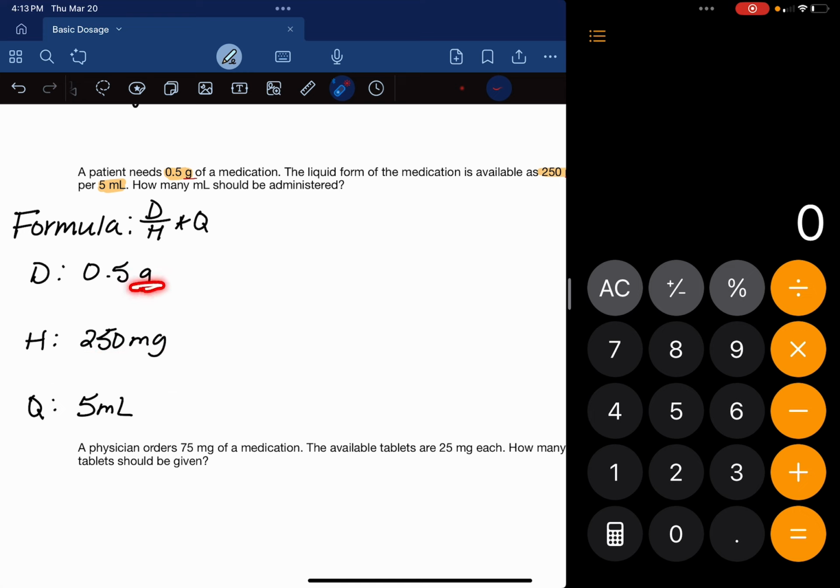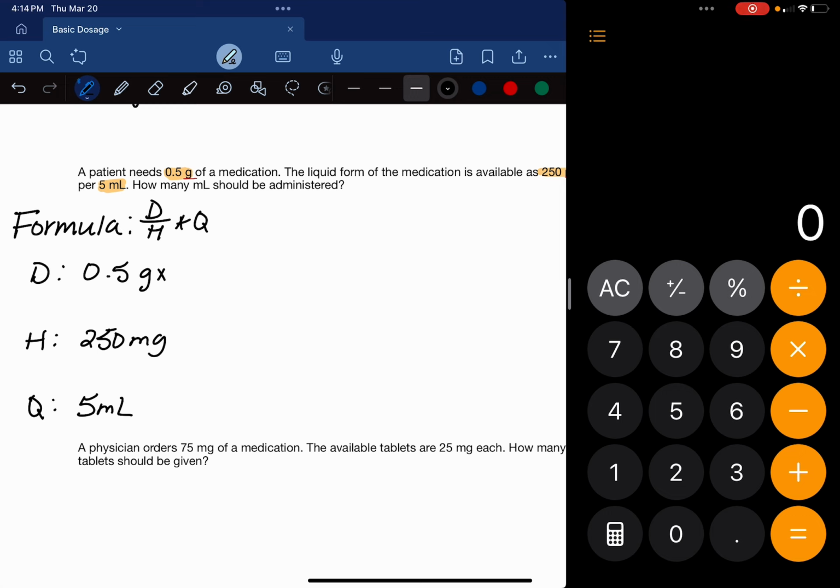So we need grams to turn into milligrams. We know that there are 1,000 milligrams in 1 gram. So what we would do is multiply the 0.5 grams by 1,000 to get our milligrams.